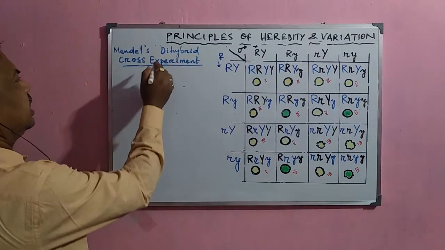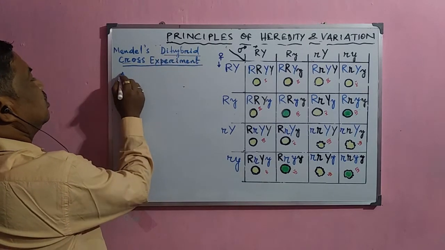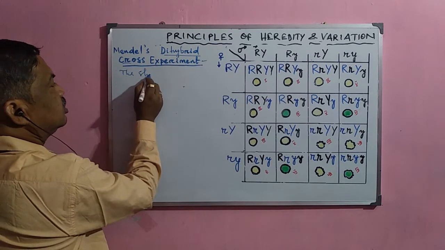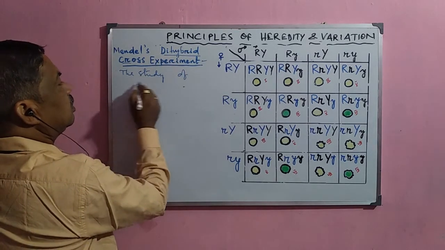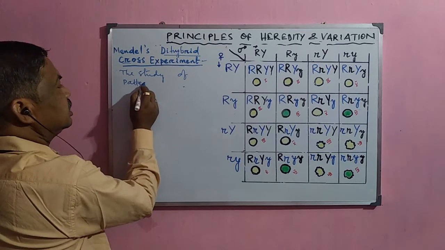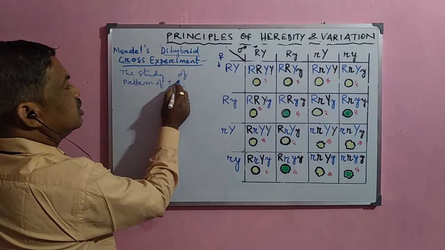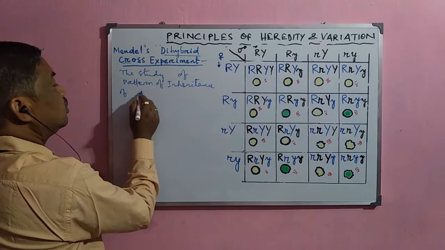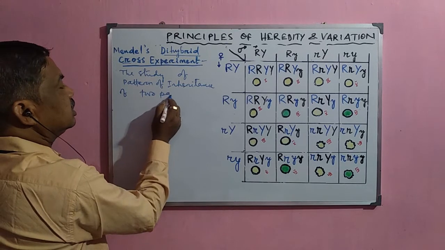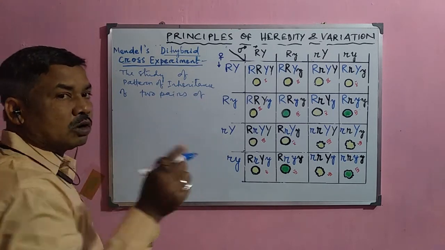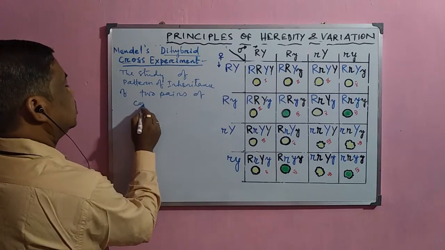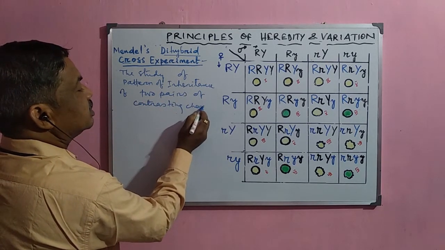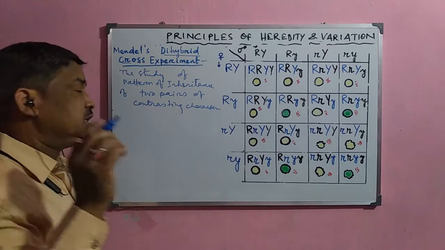Now, what is the dihybrid cross experiment? Dihybrid cross experiment means the study of the pattern of inheritance of two pairs of contrasting characters simultaneously.